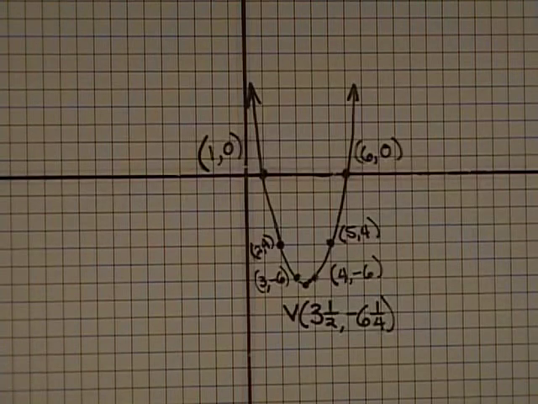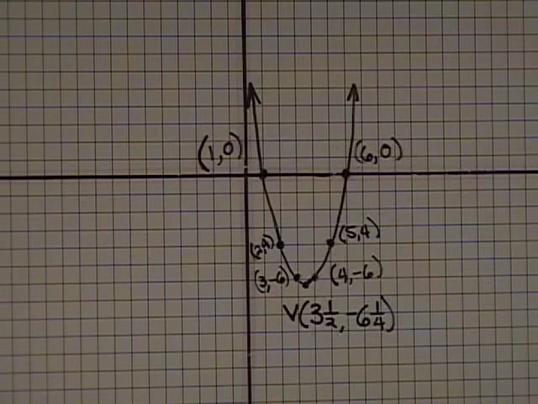Well, you can see that I've added the 2 additional points to our graph, 6, 0 on the right side, 1, 0 on the left side, and labeled them, of course, so everyone can see exactly where our parabola intersects the x-axis, and that means they now know the location of our solutions.